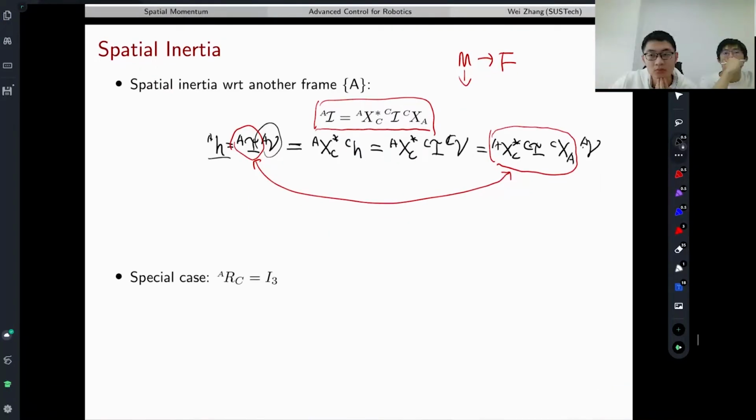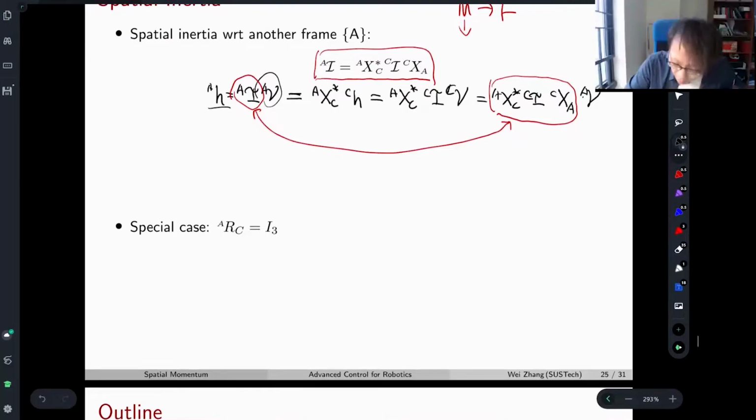Okay, any questions? All right, a very important special case is the following. It's the special case when A has the same orientation as this central mass frame.